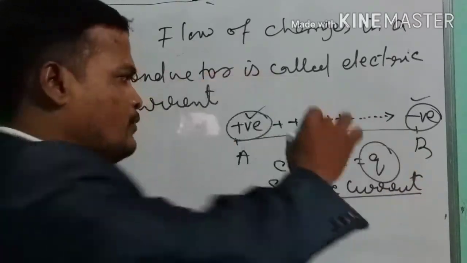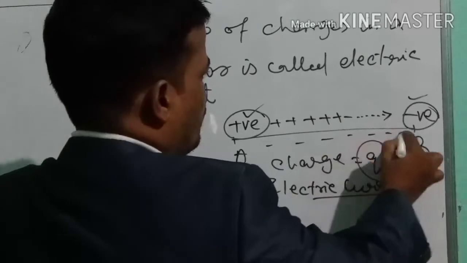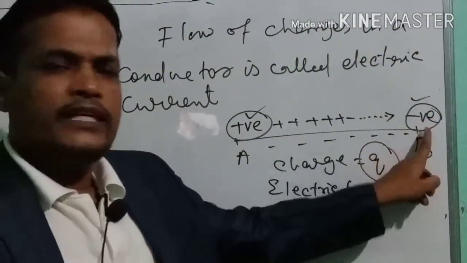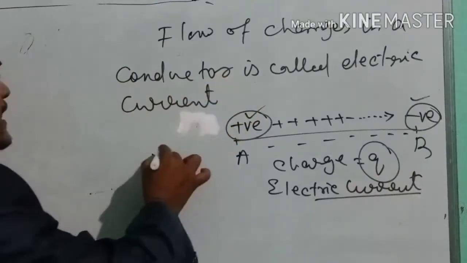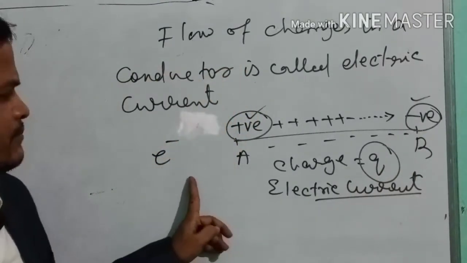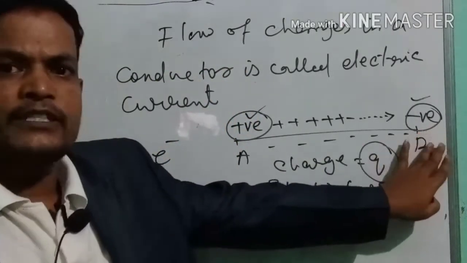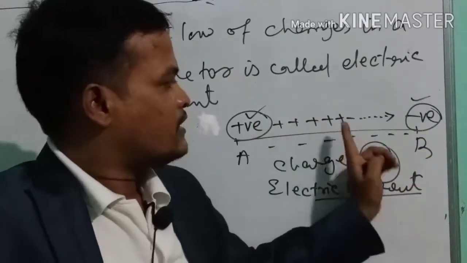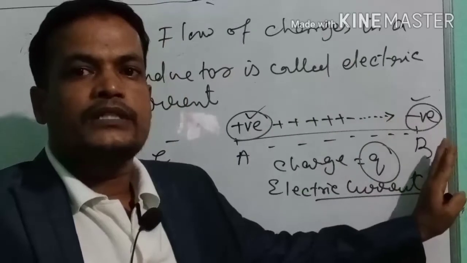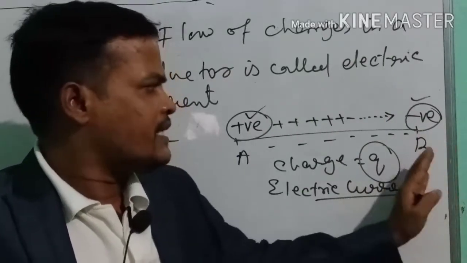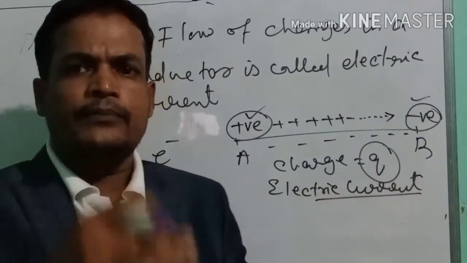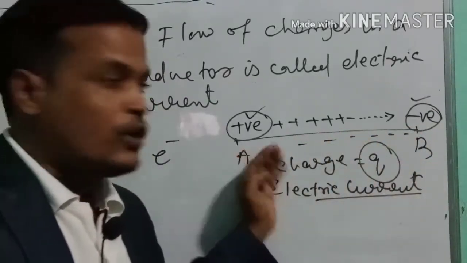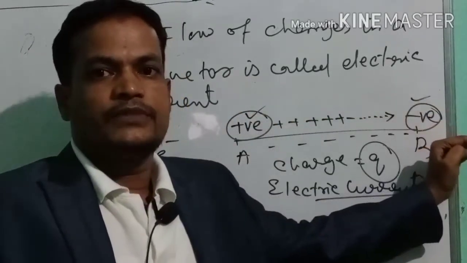If we say this is the flow of electrons, as we know, electrons are negative in charge. So the flow of electrons takes place from the negative terminal towards the positive terminal, and positive charge flows from the positive terminal towards the negative terminal. So electric current flows in the opposite direction of electrons, or in the direction of positive charges.